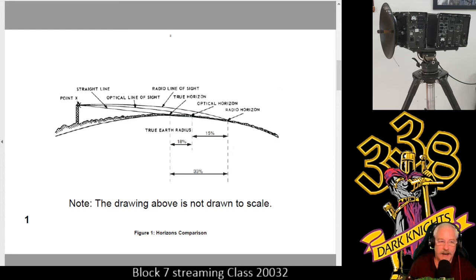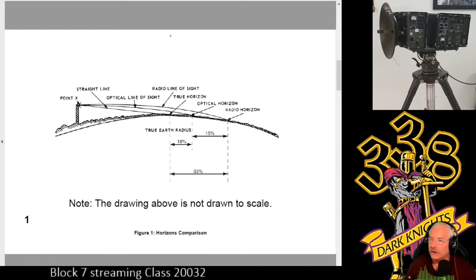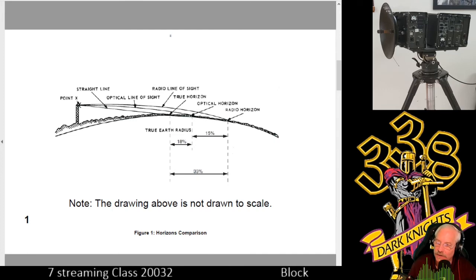Optical horizon is 18% farther than true horizon. When you compare radio horizon to true horizon, it's 33%. So this is in your C's and D's, page 1.